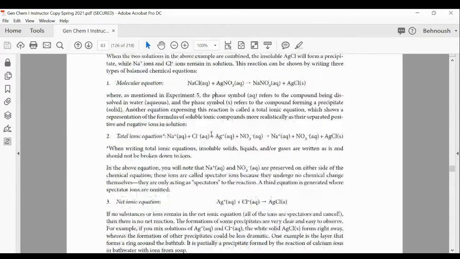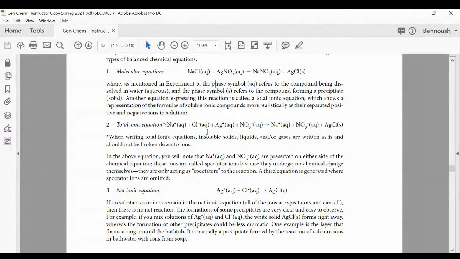Then you are going to write the total ionic equation. When you write the total ionic equation, you break down anything that is AQ. If you have any solid form, you leave it alone. You don't break it down because solids do not produce ions in the aqueous solution.